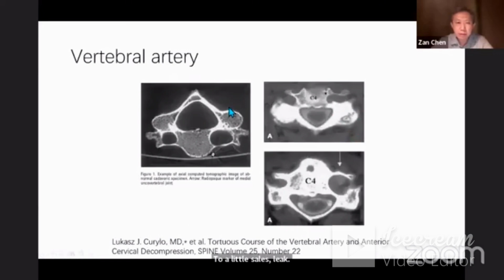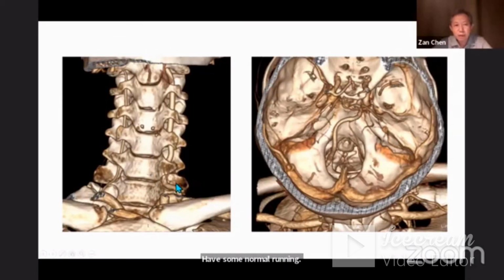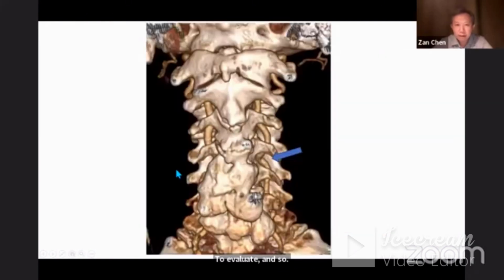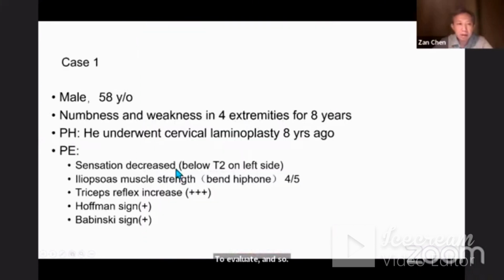We should also pay attention to the vertebral artery, because in a lot of these patients the vertebral artery has an abnormal course. So before operation, we have to check CT angiography to evaluate the vertebral artery.